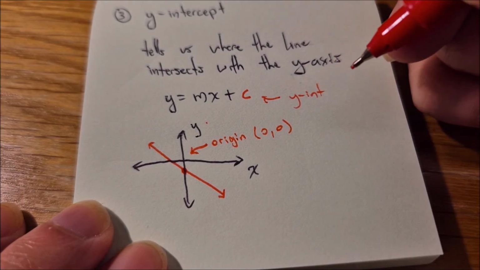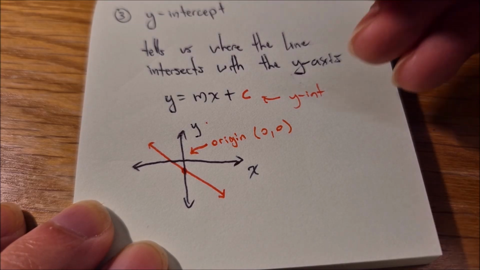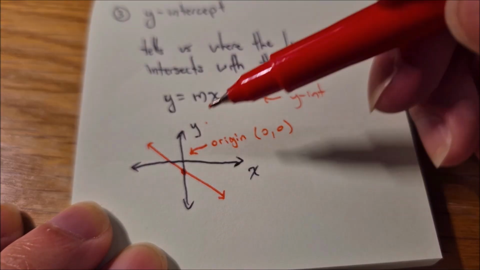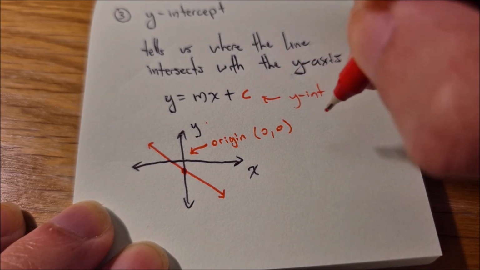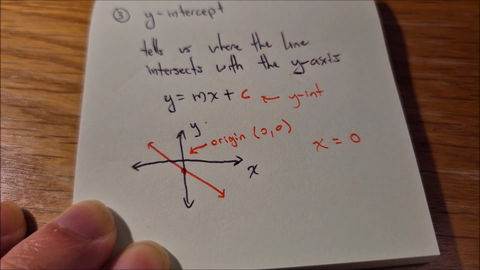The question would be, where does the line cross the y-axis? Well, we can see from the graph that happens when x will equal 0.